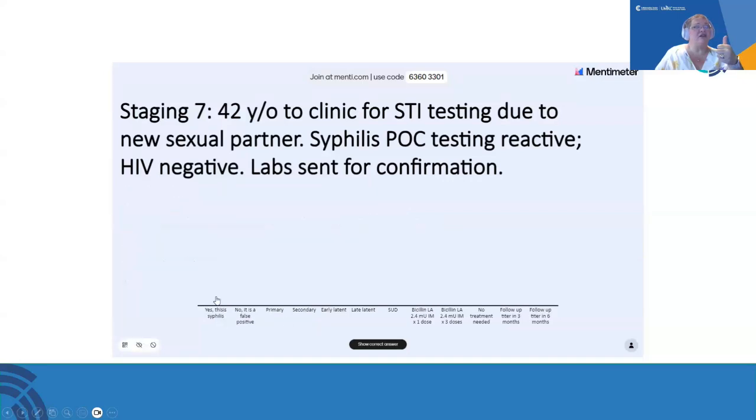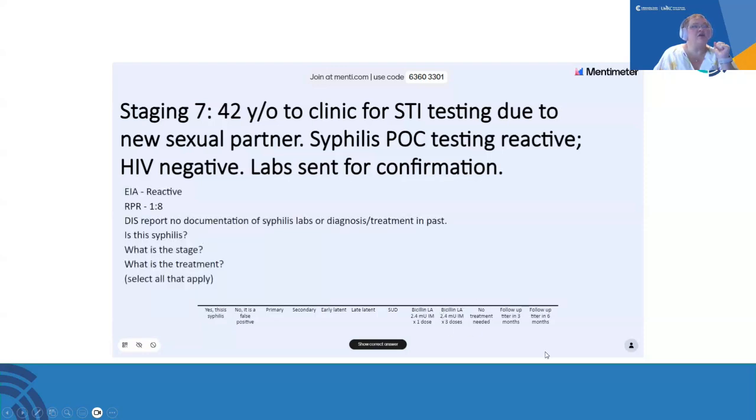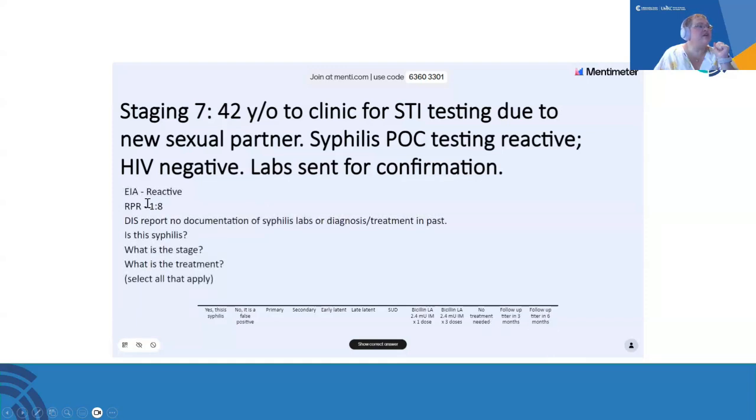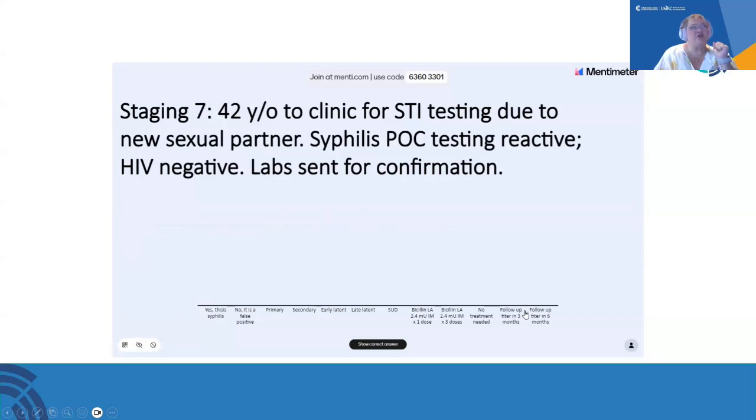So now we're dealing with syphilis of unknown duration, because we don't have any labs that show if it's within that year or over. We have nothing to go on. So syphilis of unknown duration, which automatically falls into the 3 doses. And then to determine when we're going to have them come back, we look at the titer. We do have a titer, and he's HIV negative. So we're going to have him come back in 6 months.